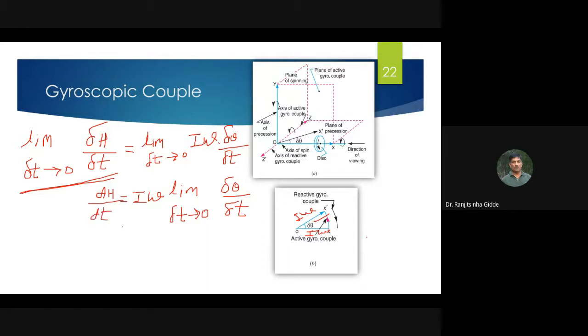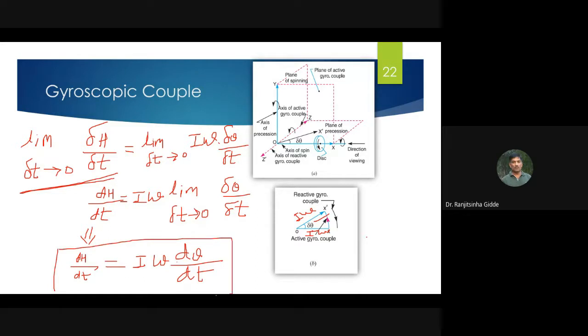Then again next step we can have, one minute, dH by dt is equal to I omega d theta by dt.